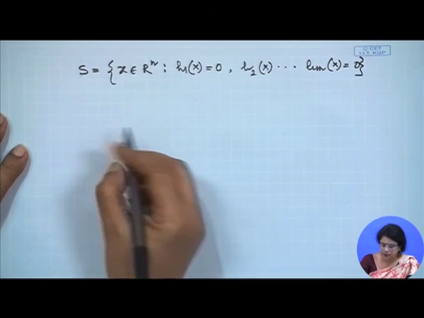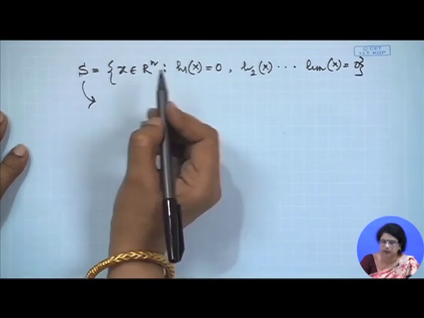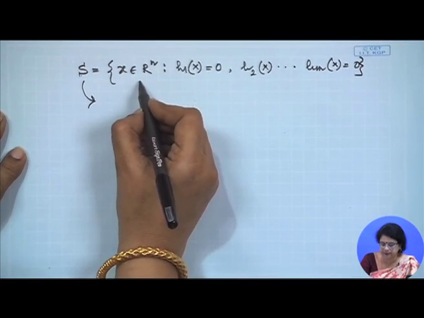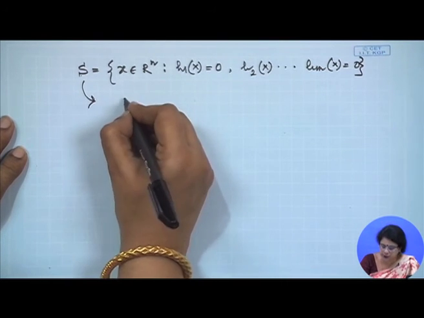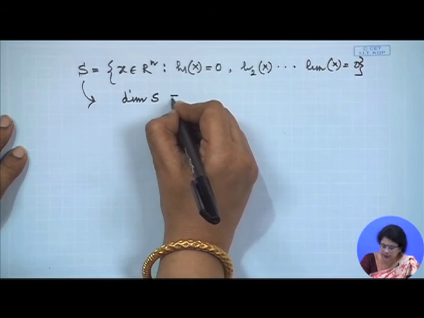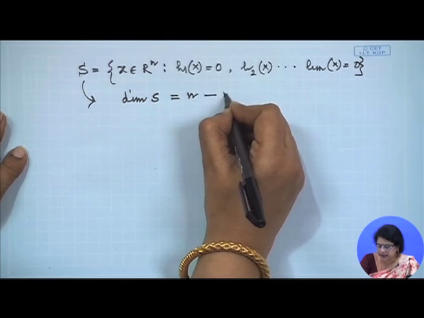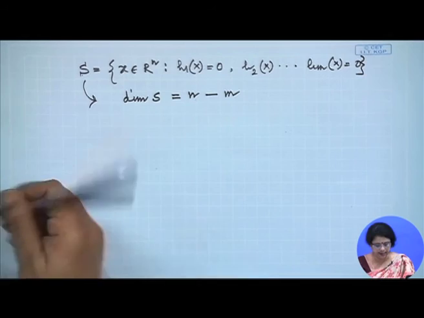We need to find out if S is the space for it, because the combinations of x that satisfy it will form a space. We need to find that the dimension of S is equal to the number of variables minus the number of constraints. That is why we need to prove two things here.